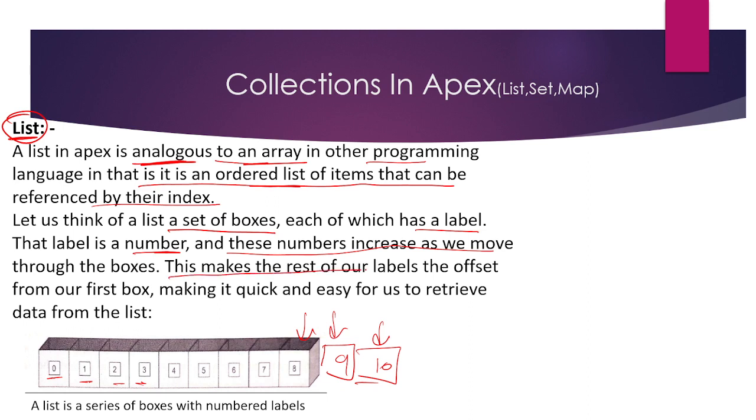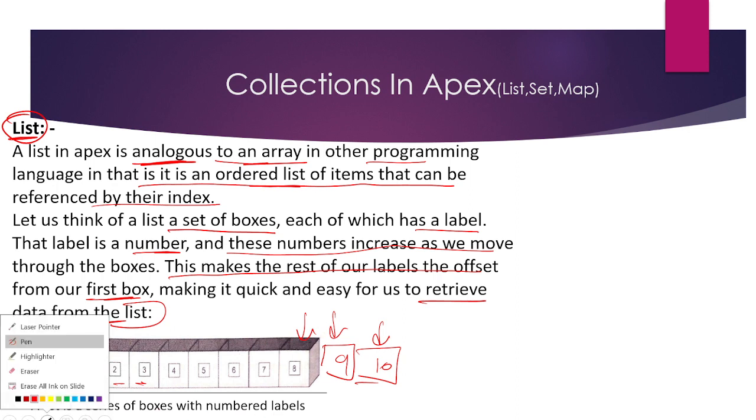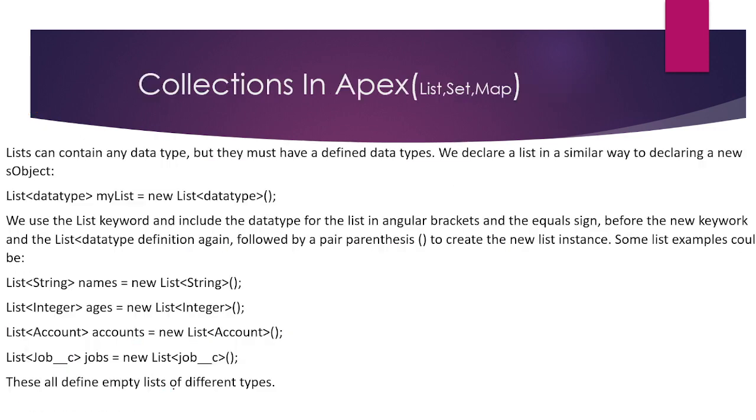This makes the label an offset from the first box, making it quick and easy for us to retrieve data from the list. We can retrieve the data from this list. Okay, now this is the box. A list is a series of boxes with labeled numbers. Okay, now in the next part, a list can contain any data type but must have a defined data type.